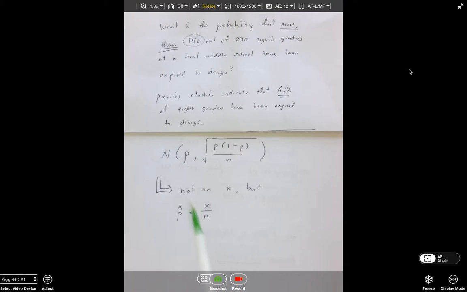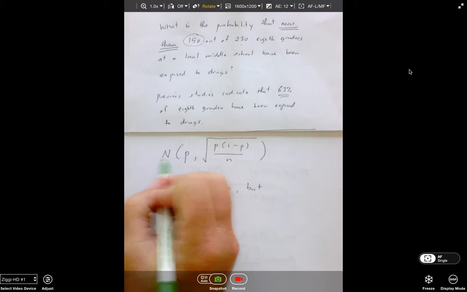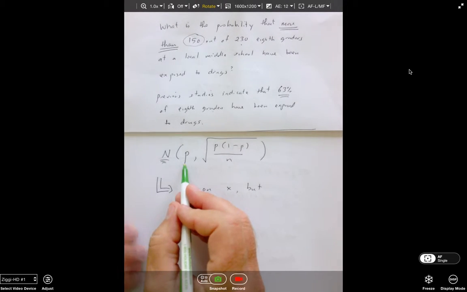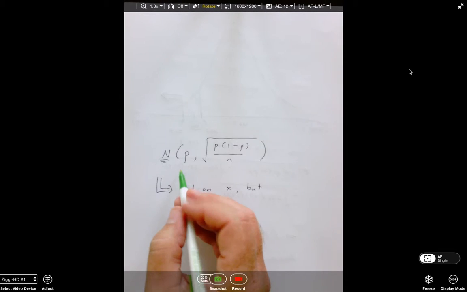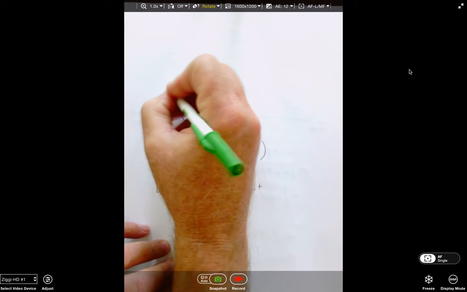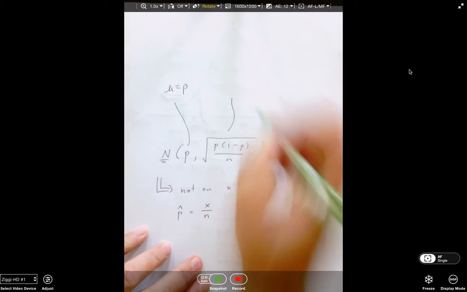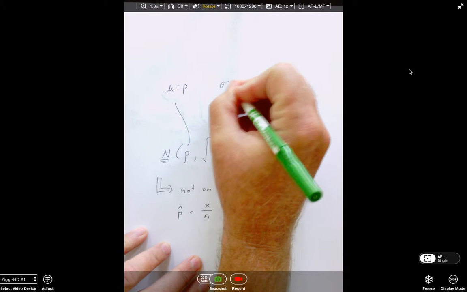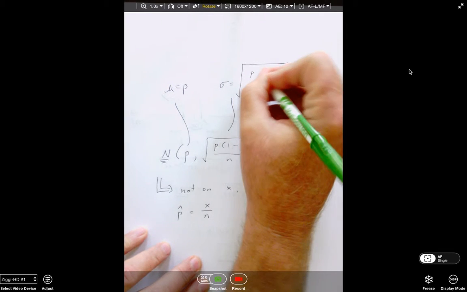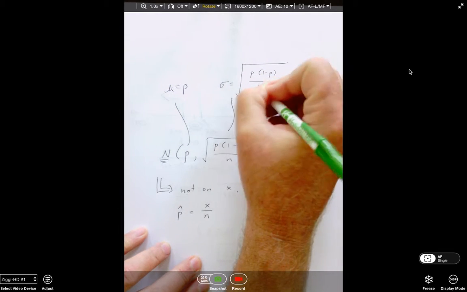I'm going to go through this, and we're going to see that instead of looking at all this and flipping out, we're just going to start with each particular number and try to figure out what that represents. Use what we already know about normal distributions to work the problem. So we've got a normal distribution. And what does this tell us? Mu is equal to p. What's this tell us? The standard deviation is the square root of p times 1 minus p, all divided by n.